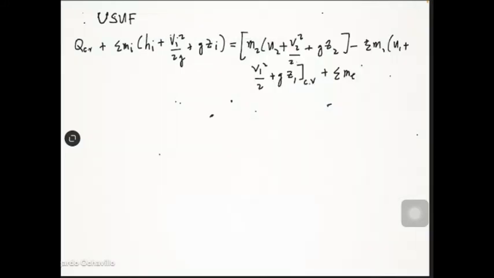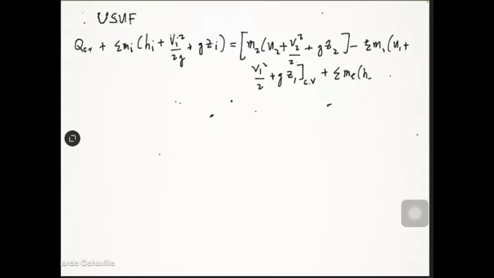This is HE plus VE squared over 2 plus GZE, right? Plus the work of your control volume. You remember this formula, right? Or you have already mastered this formula here.